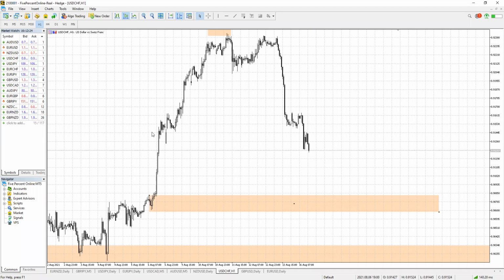So right now we are in a no trade zone. You can see how we're in the middle of this movement where there's no demand in order to stop this movement down. But down here at the demand area, we can look for buying opportunities.